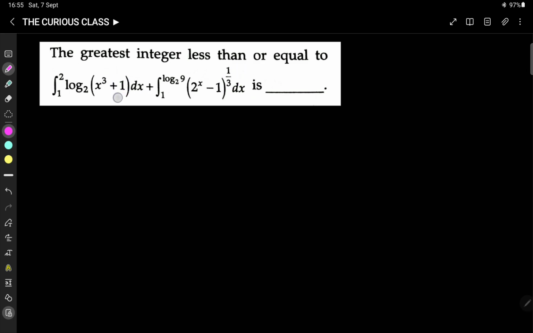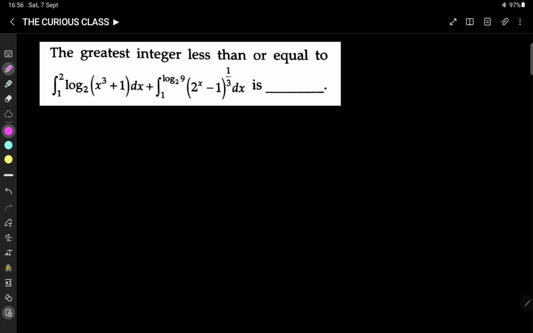We have plus 1 here, and minus 1 here. Just try to get what I am telling. Here we have log base 2, and here 2 to the power x. Here we have x cube, with the whole power 1 by 3, the cube root. Here we have plus 1, and here minus 1. What does that mean? Can you get it?